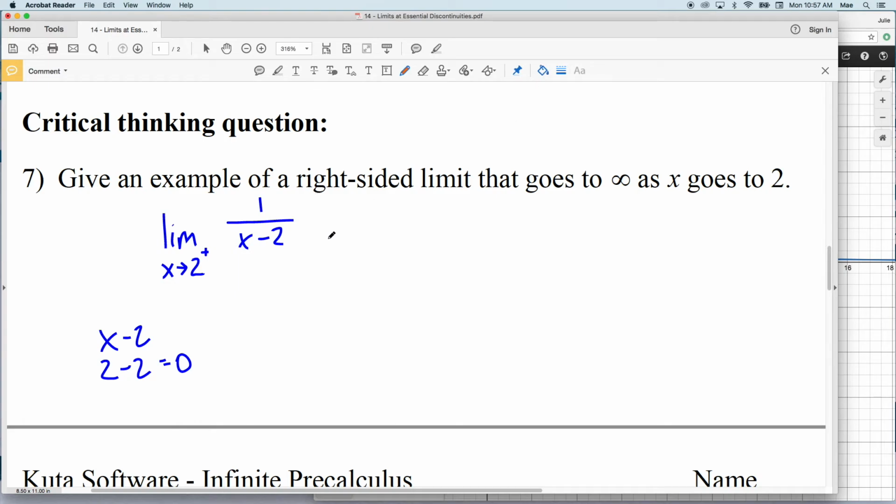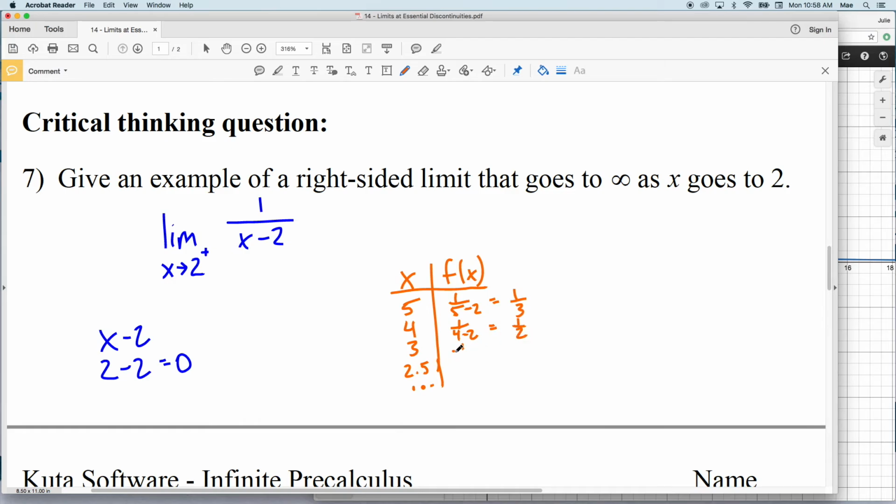Now, if we're looking at our t-table of x and f of x values, approaching from the right, I'll start with 5, 4, 3, and then go to 2.5, and so on. So plugging in 5, we'll have 1 over 5 minus 2, which is 1/3. Plugging in 4, we'll have 1 over 4 minus 2, which is 1/2.